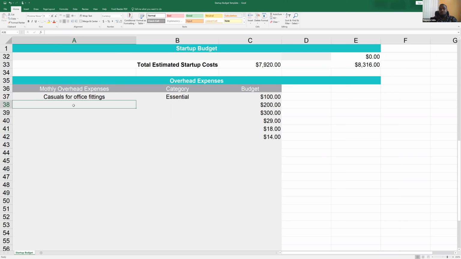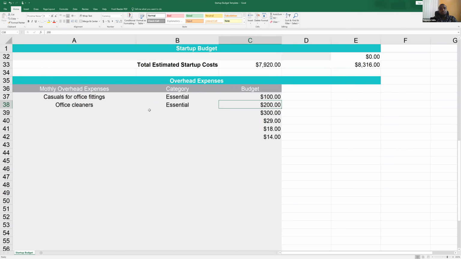Again, you may need maybe cleaners, office cleaners, it's essential, then you give it a budget.